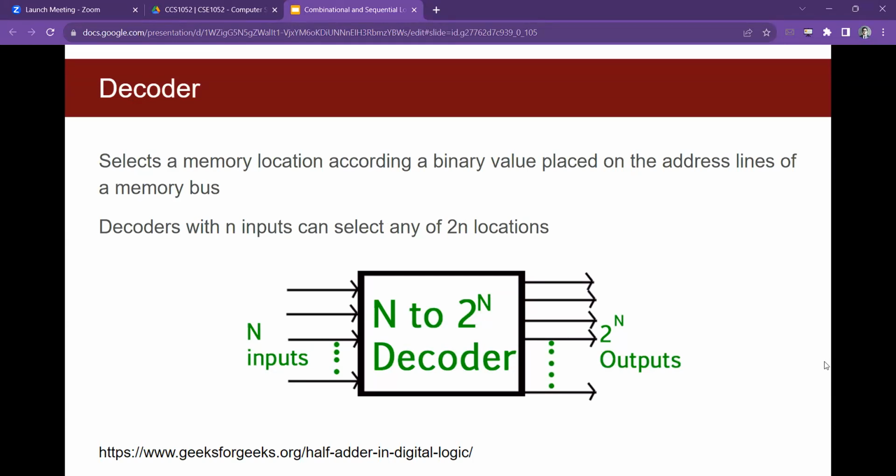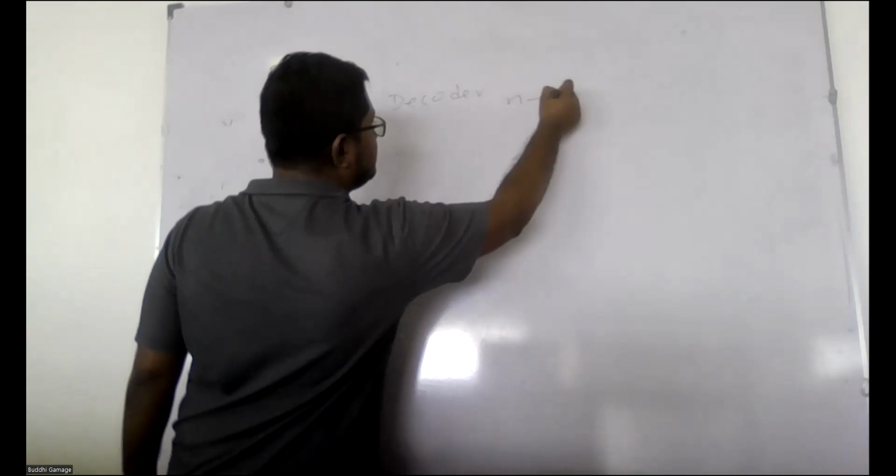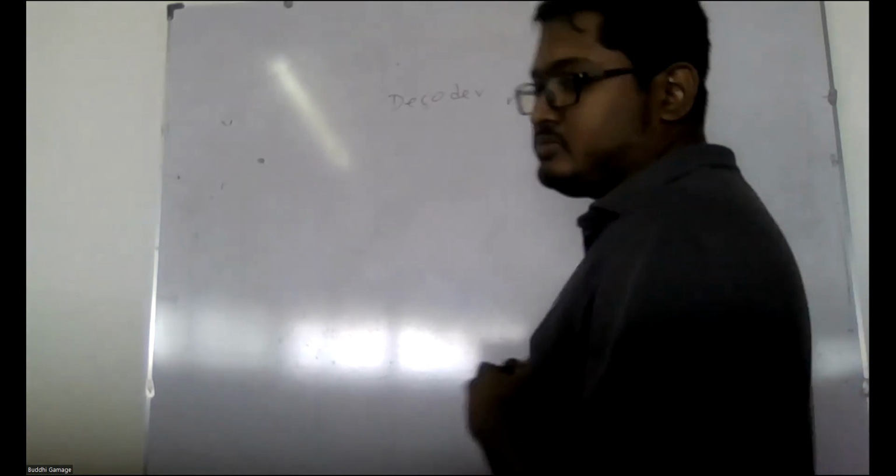So in a decoder, what you need to understand is that there are n number of inputs, and there should be 2 to the power n number of outputs. Right?